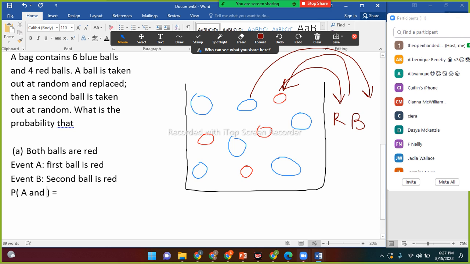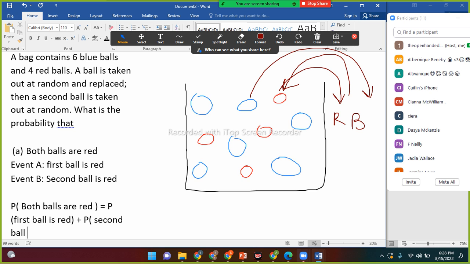So the probability that both balls are red equals the probability that the first ball is red plus the probability that the second ball is red. All right, so that's basically what we have.